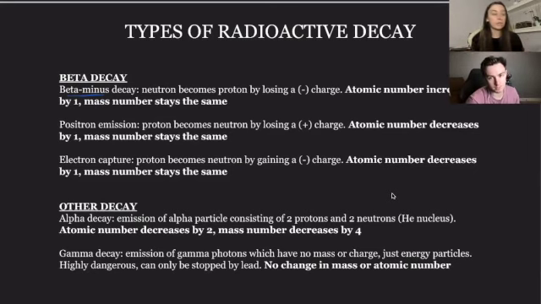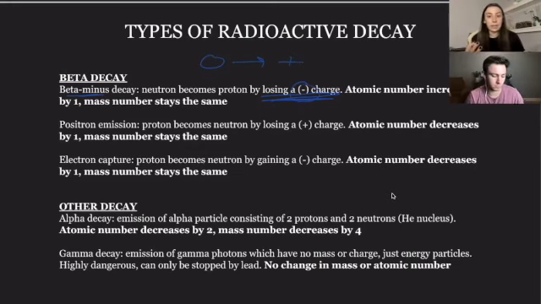It's kind of losing a negative charge. These are a little bit abstract ways of thinking about this, because we don't really think about elements or atoms just losing charges left and right. But in this case, we think about a neutron becoming a proton by losing a negative charge, an electron.